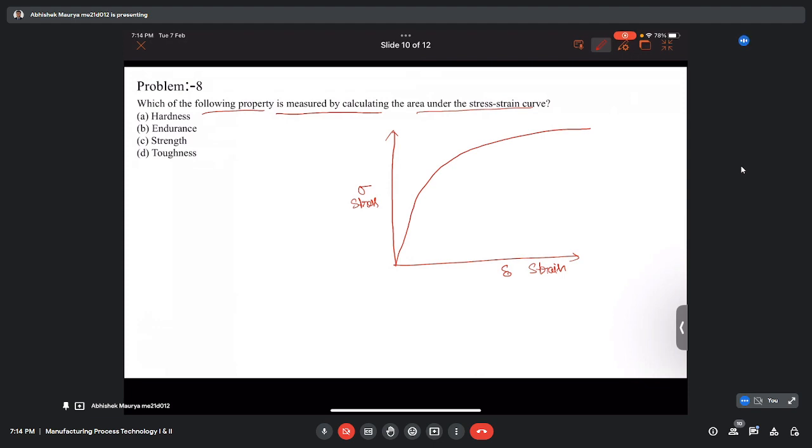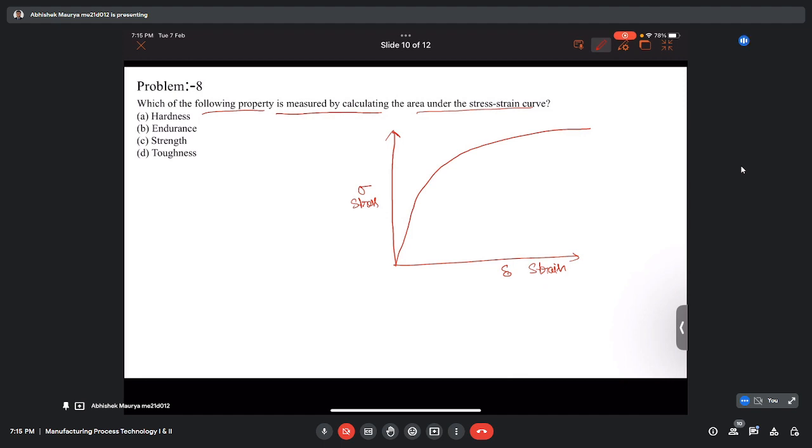We get different shapes. So we'll not go there. But what I'm trying to show is that this is the typical stress strain curve. So it is being asked what kind of information we get from this stress strain curve.